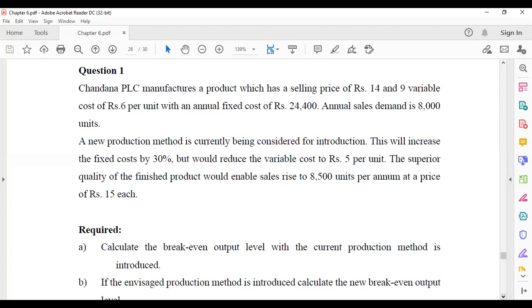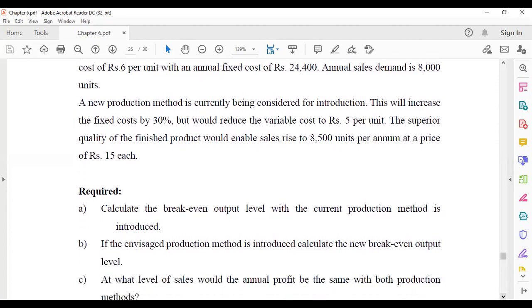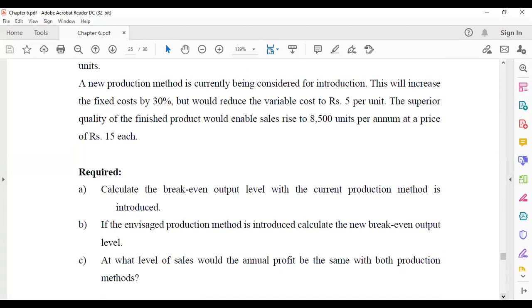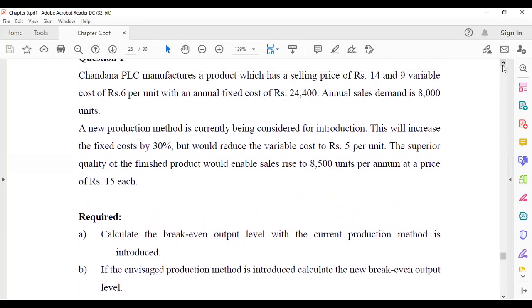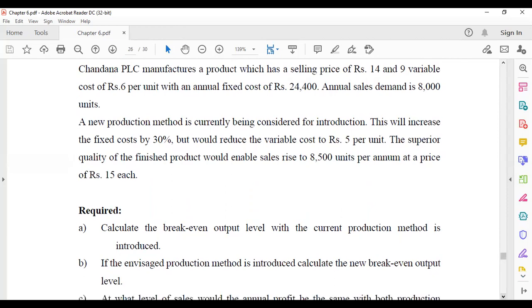If you look at the requirements, first, calculate the break-even output level if the current production method is continued. Under the current production method, you are supposed to come up with the break-even. Then it asks, if the envisaged production method is introduced, calculate the new break-even output. So under the new production method, again you calculate the break-even.